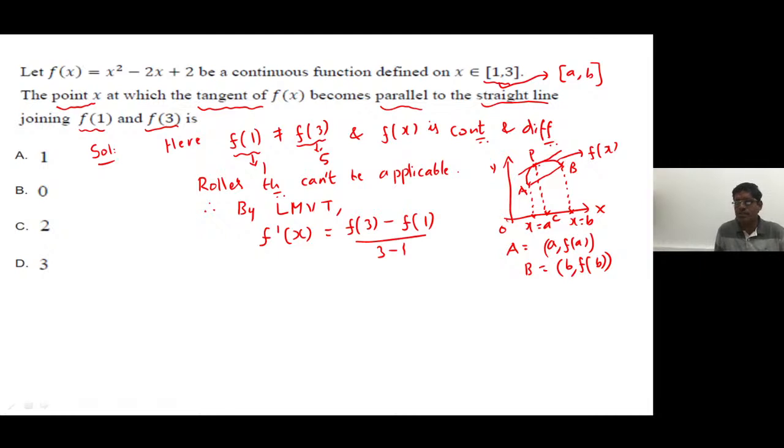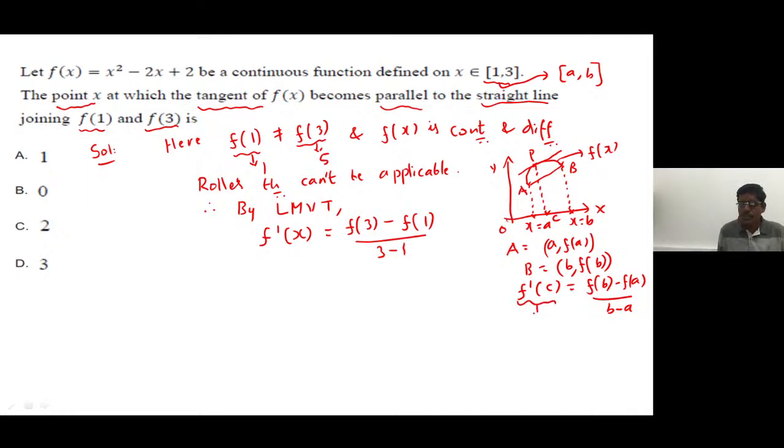That is the geometrical interpretation of Lagrange's mean value theorem. So f dash C is equal to f of B minus f of A divided by B minus A. This result is given by Lagrange's mean value theorem.